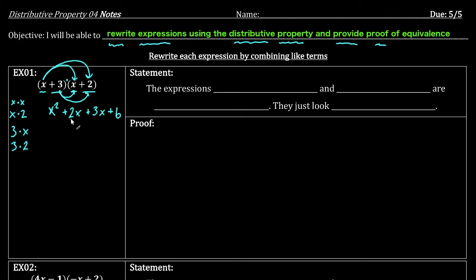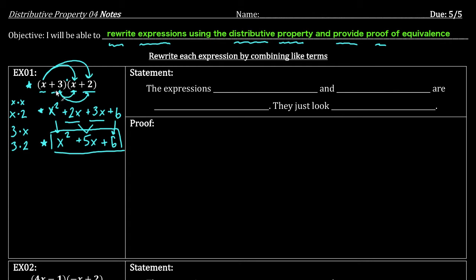Remember that we can combine the plus 2x and the plus 3x to get plus 5x. And then we bring this down, and we bring this down, and this is our simplified expression. So remember that this expression and this expression are equivalent. They just look different.